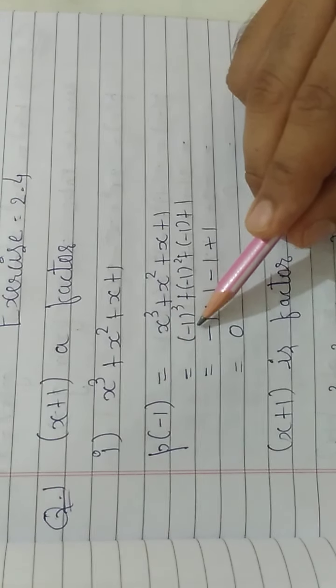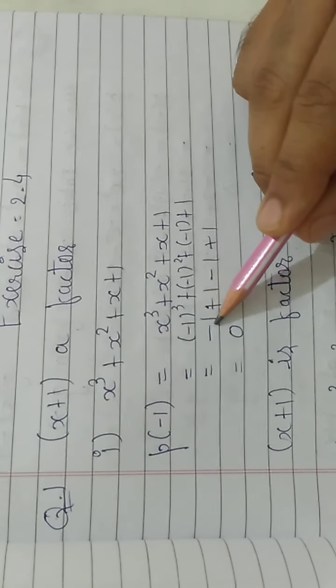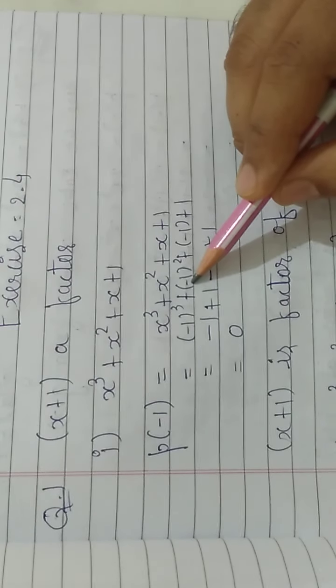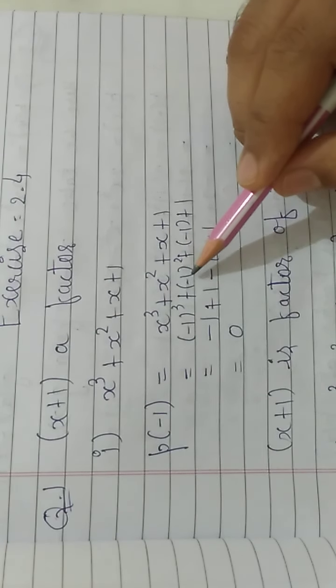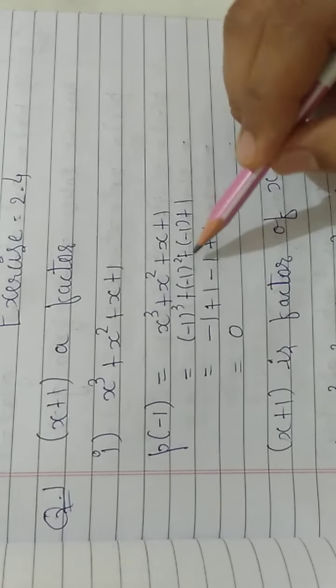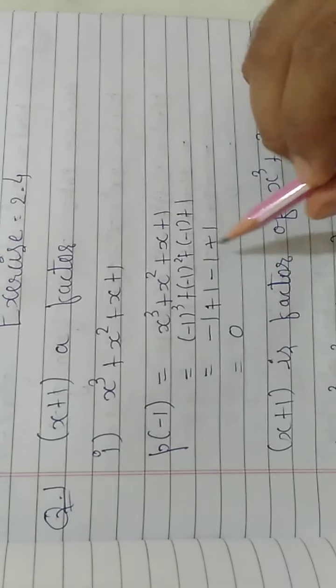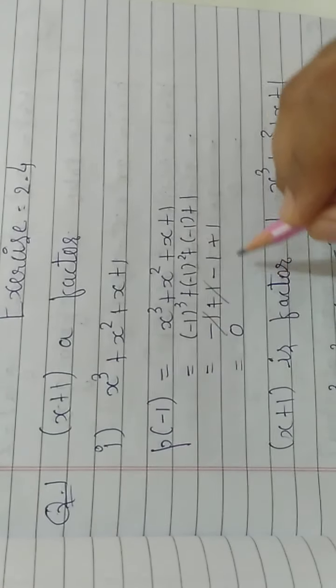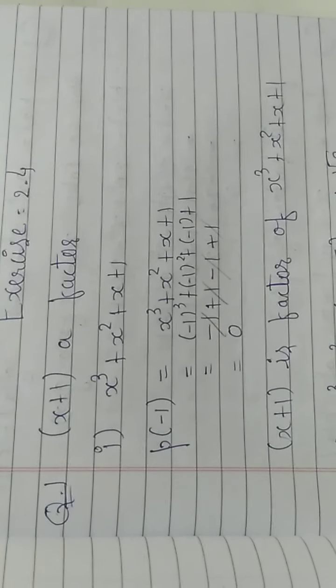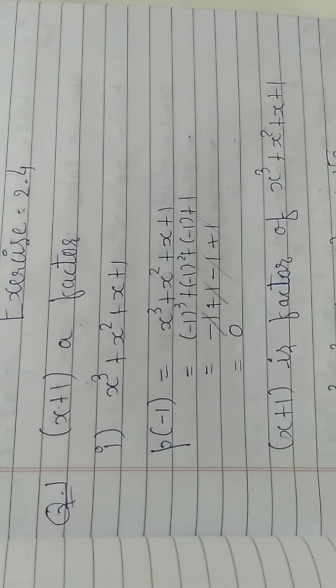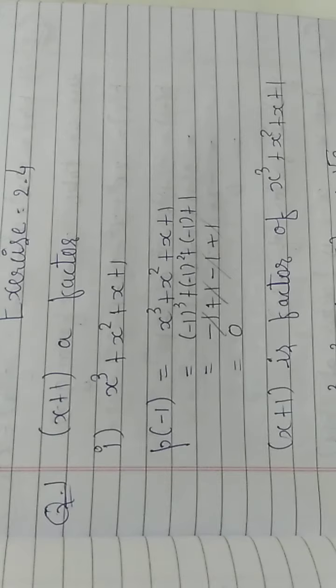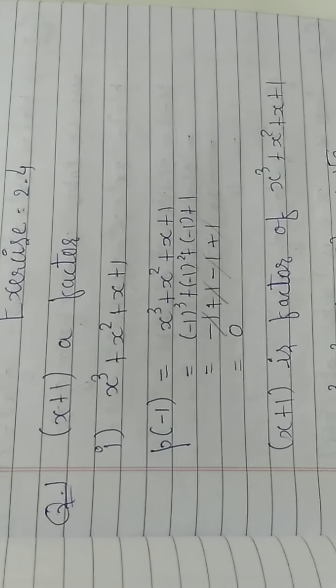Here minus 1 is there and the power is odd, so the answer is minus 1. Minus 1 is there, the power is even, so the answer is plus 1. So here plus 1, so minus 1 plus 1 minus 1 plus 1. Here minus 1 plus 1 cancel, minus 1 plus 1 cancel, so the answer is 0. So in this given polynomial, x plus 1 is a factor of the polynomial.